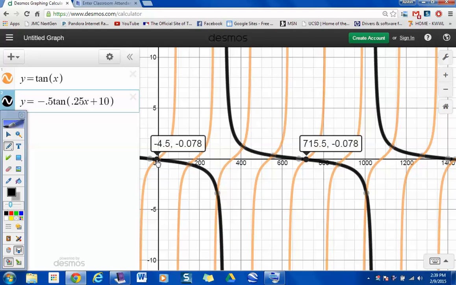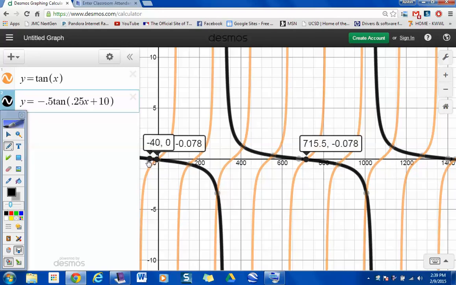What's 4.5 plus 715.5 match up to be? 720. Isn't this graph repeating itself every 720 degrees again here? Would you guys agree with that? Okay, this point may be right there.